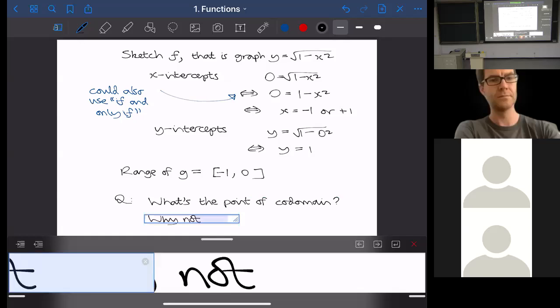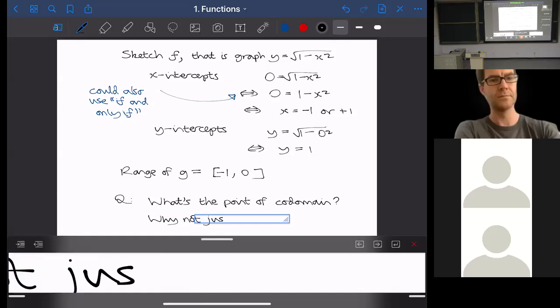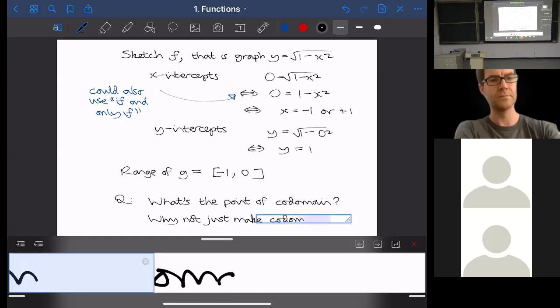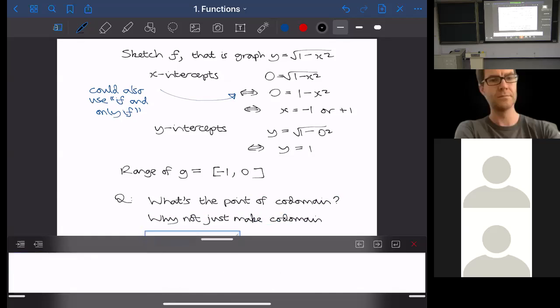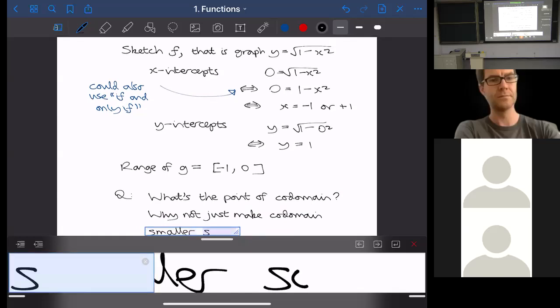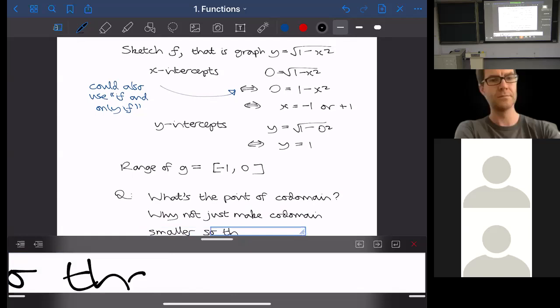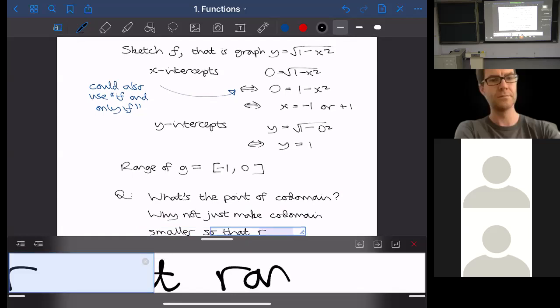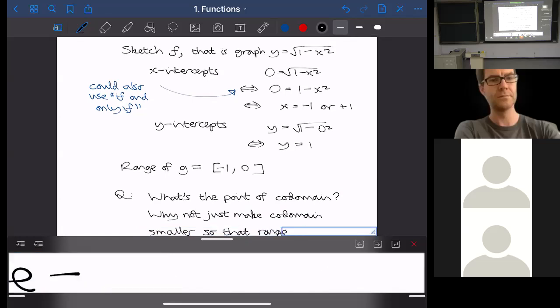Why not just make the codomain smaller so that the range equals the codomain?